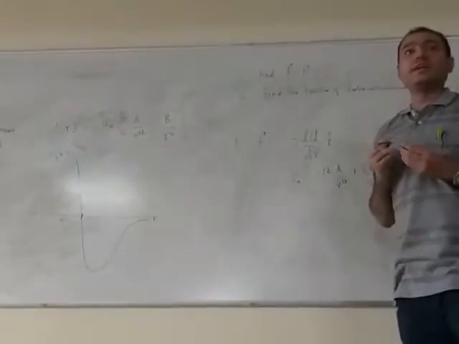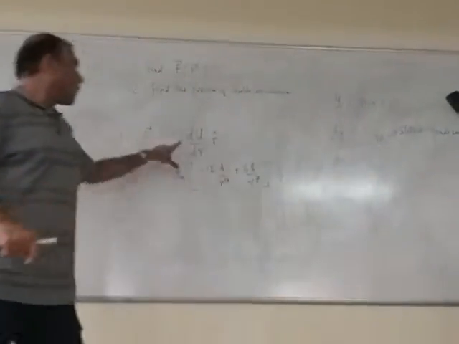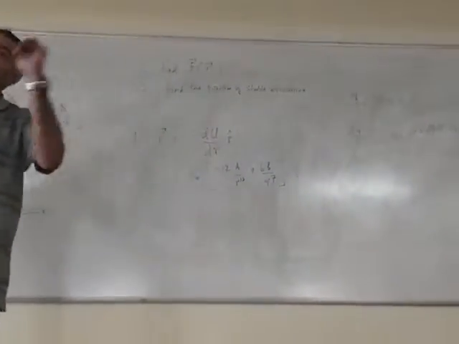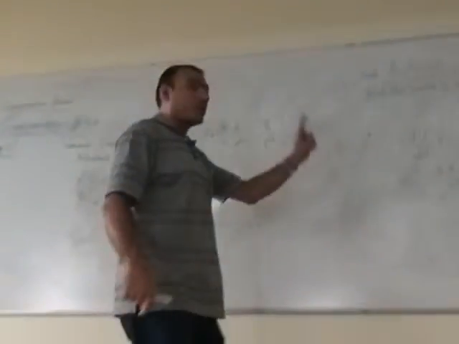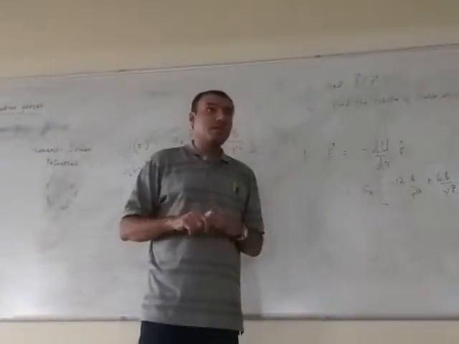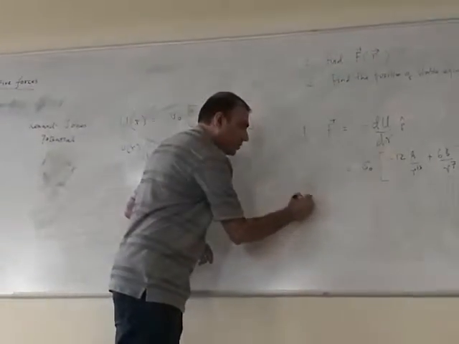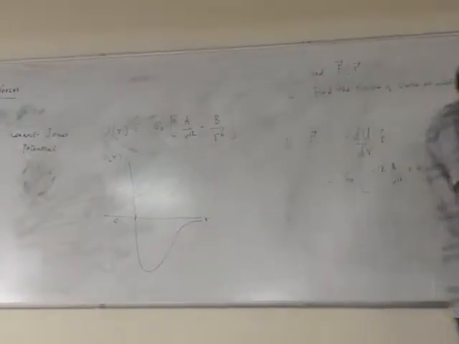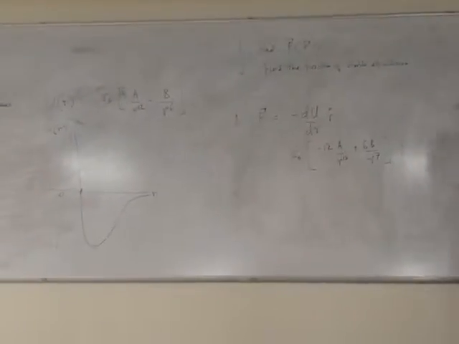You're taking the gradient of the potential energy function. Wherever the gradient would be 0, the force would be 0. It may or may not be a position of stable equilibrium. That will come later. But in order to find out the equilibrium position, at least dU/dr should be 0. So, number 2.